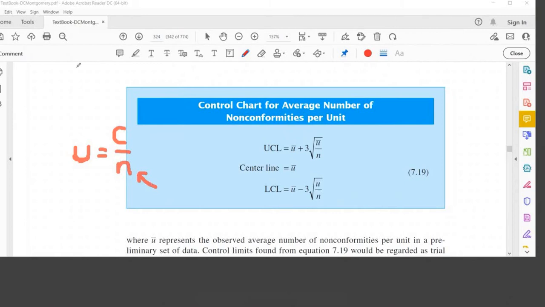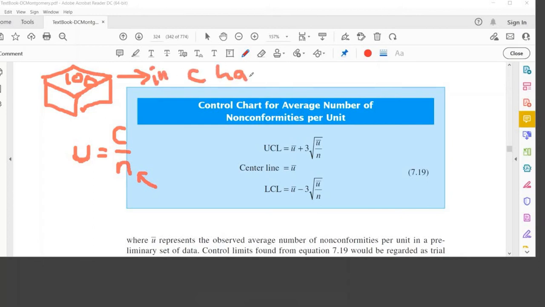Contoh yang tadi dalam PCB tadi, kita ada satu kotak. Dalam kotak tu ada 100 PCB. If you use a C chart, your N will be equal to 1. What we call it, inspected unit.